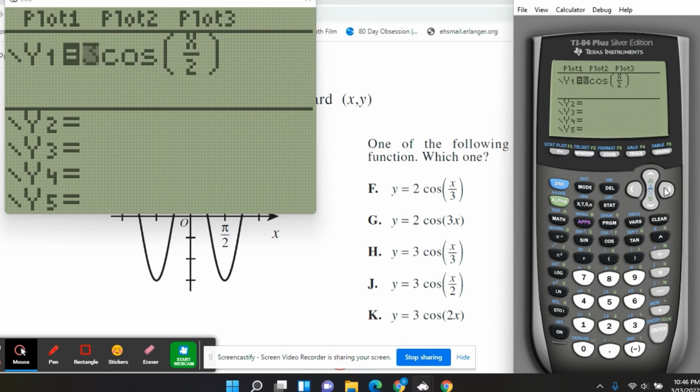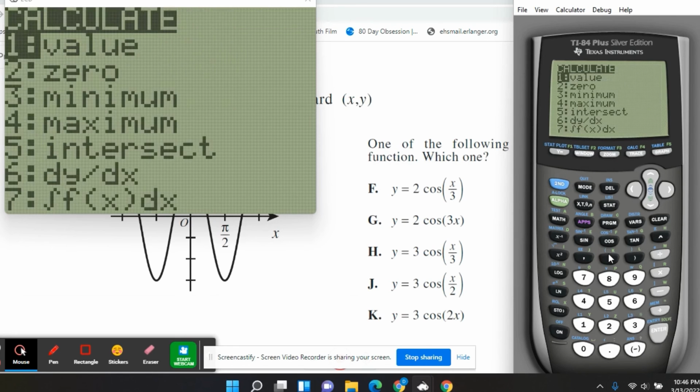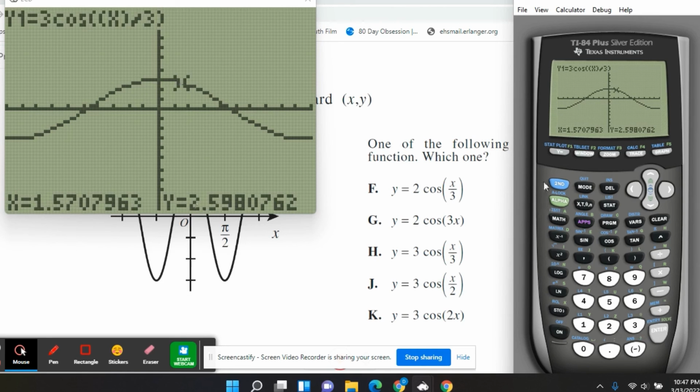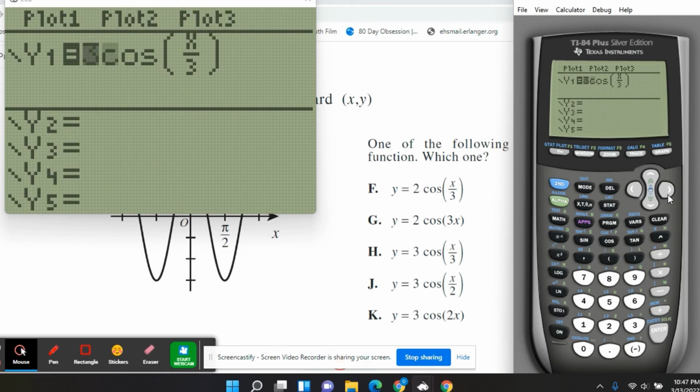Actually, it's really easy to change it to H, so let's just do H real fast. Change the 2 to a 3. We then look at the value. And the value I'm interested in here is pi over 2 still. You can see that is also not negative 3, so I've marked off 2 incorrect answers. So I'm going to check the last one here.